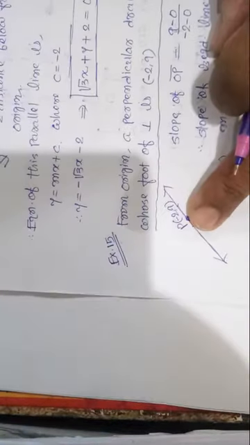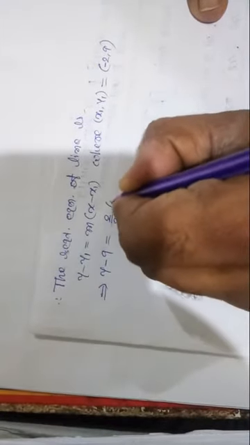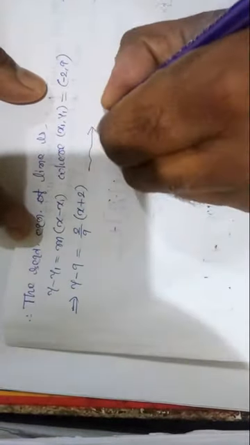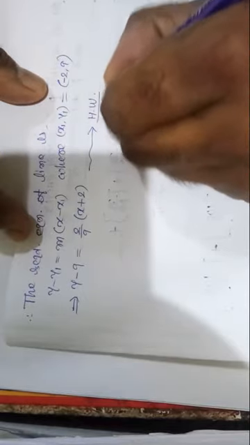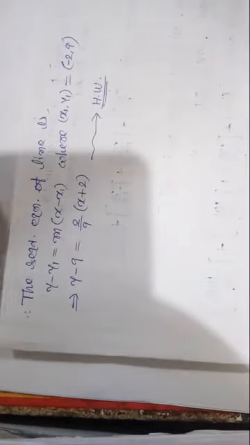Let's put the values: y minus 9 equals 2/9 into bracket x minus minus 2, that is x plus 2. Now it is your duty to solve it. I think you can solve it in homework. A very easy question. Okay.